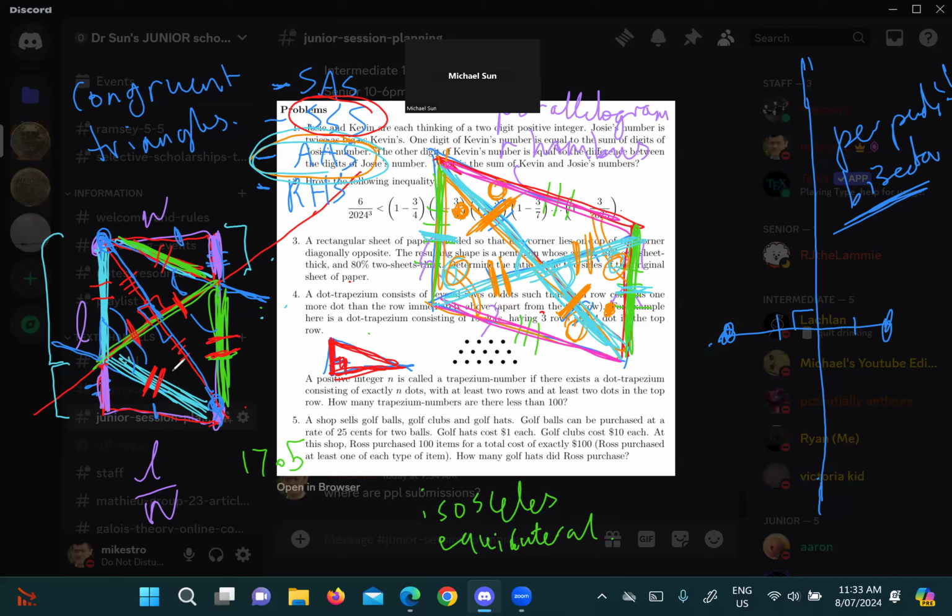So these triangles are 20% of the pentagon, and this is 80%. So what does that tell us?